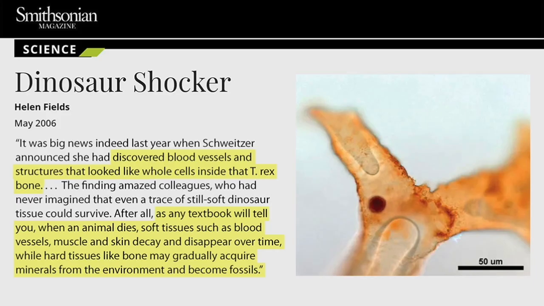This is the Smithsonian Magazine stating this. Discovered blood vessels and structures that look like whole cells inside that T-Rex bone. And as any textbook will tell you, when an animal dies, soft tissues such as blood vessels, muscle, and skin decay and disappear over time, while hard tissues like bone may gradually acquire minerals from the environment and become fossils.